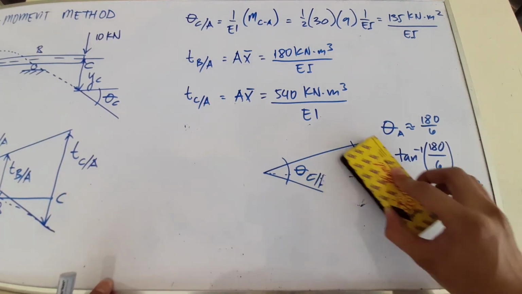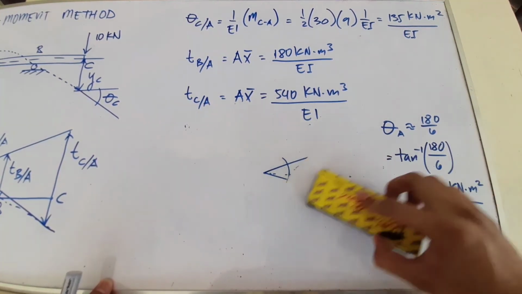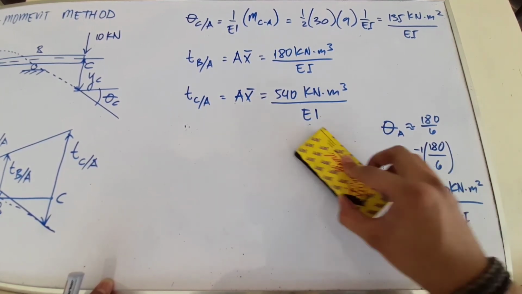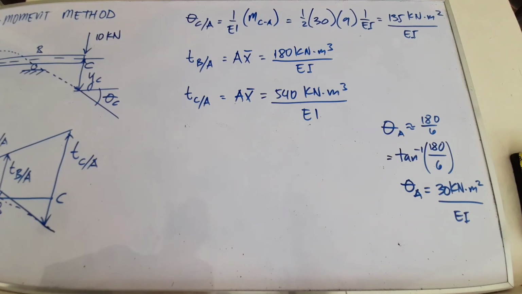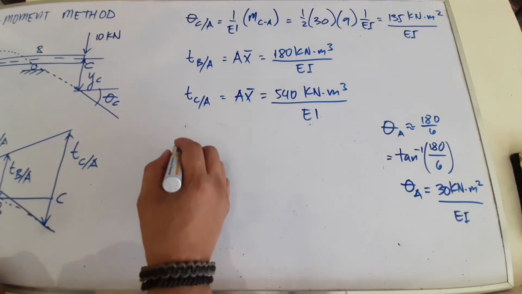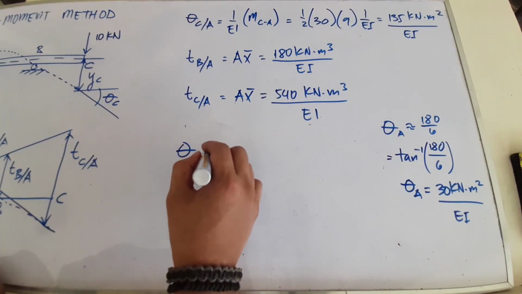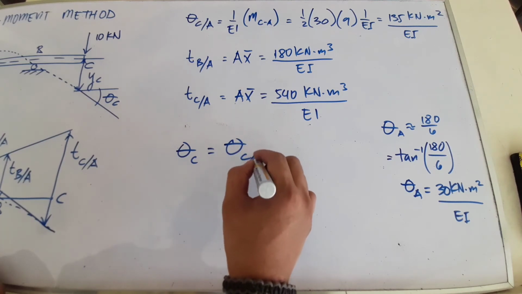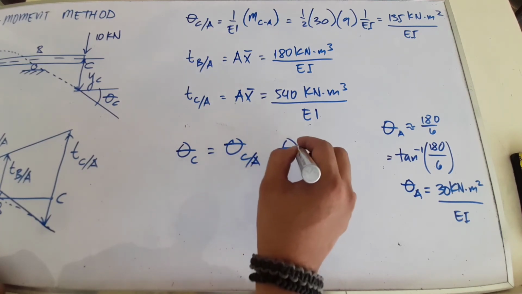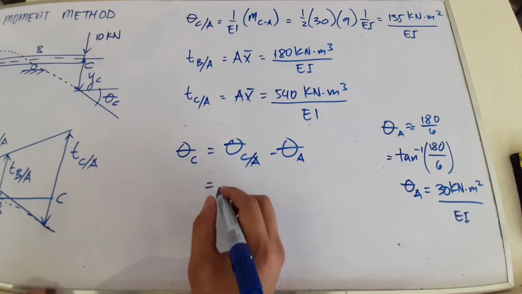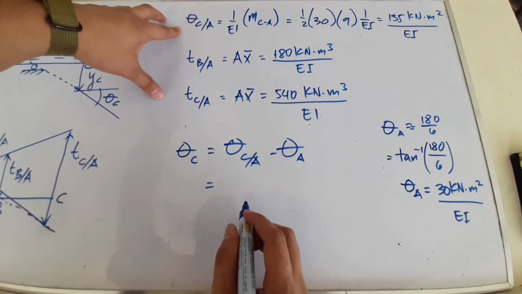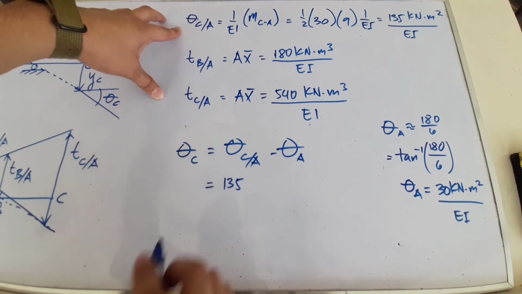Makukuha na natin yung theta C as the difference between slope CA minus slope A. So, you have theta C is equal to CA minus slope ng A. So, theta C equals, saan nga ba yung C natin? You have 135. Pareho lang sila ng units.